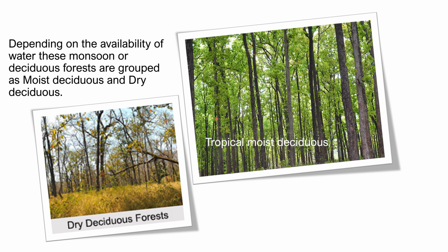But tropical moist deciduous is more dominant because it is mainly found in large regions of the Gangetic Belt, parts of Madhya Pradesh, large areas of eastern Gujarat, western Orissa, and in the central part of India.